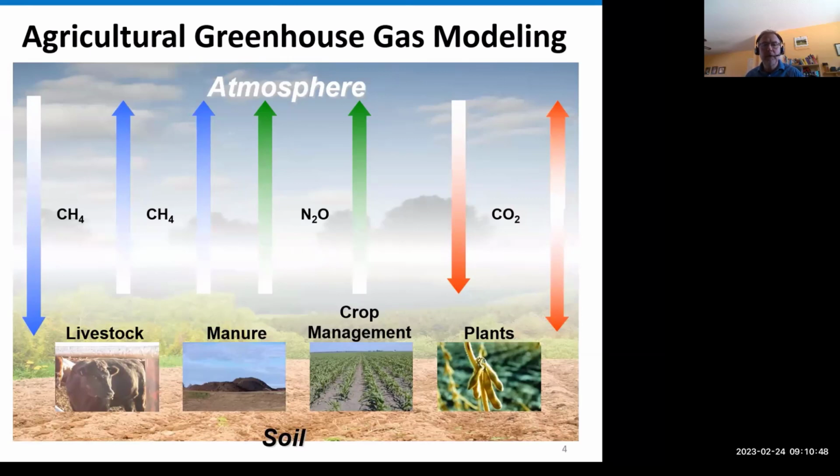Those are the principal gases that are reported on. But within all of those gases, there are other emissions that also contribute to that, things like ammonia that we have to take into consideration as well. So it's all part of that.